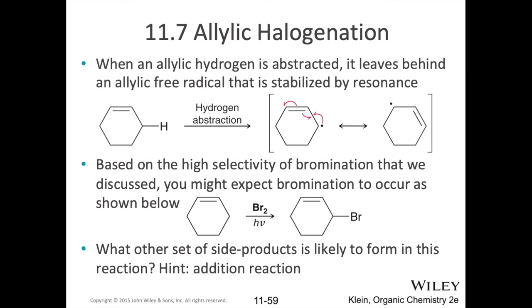Something to keep in mind for this reaction overall: you're starting off with an alkene and reacting it with bromine. Keep in mind that this could undergo an addition reaction. You could add bromine across that double bond. It'll do that anti-addition that we saw back in our chapter on alkenes and addition reactions.